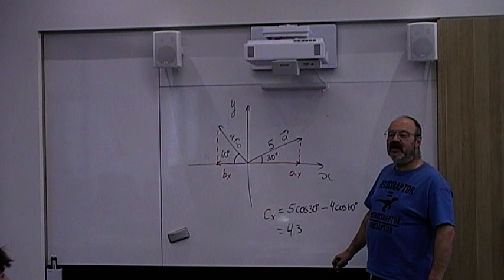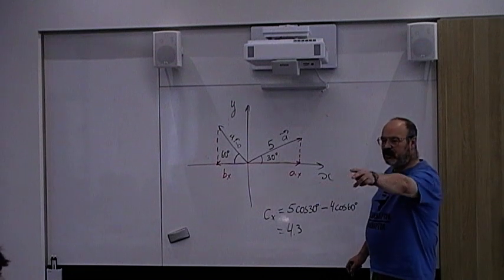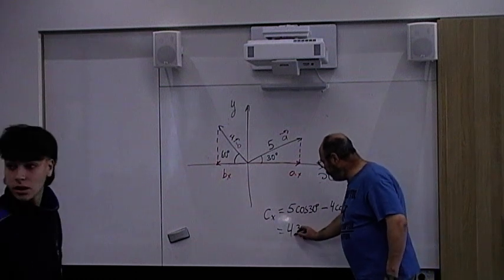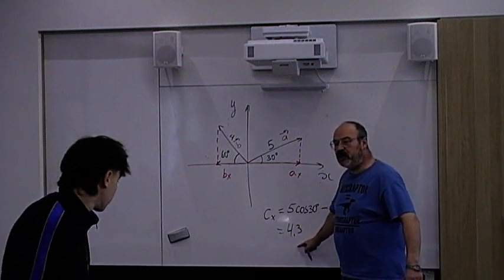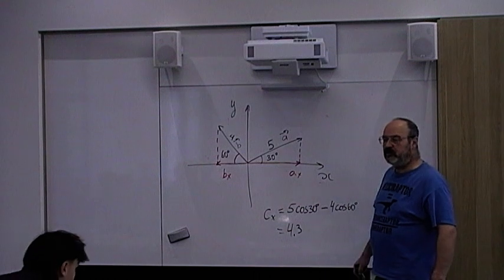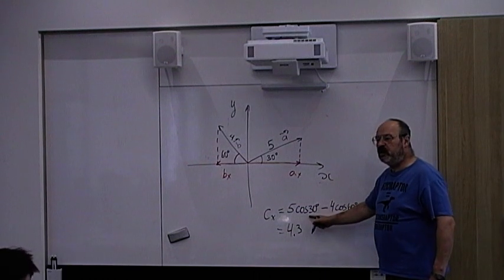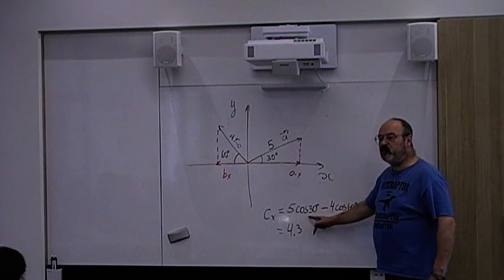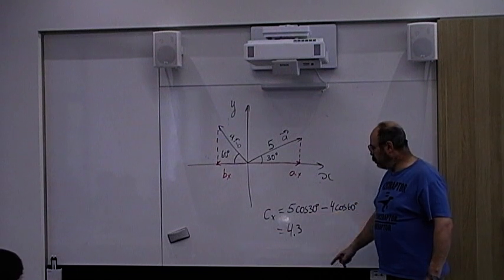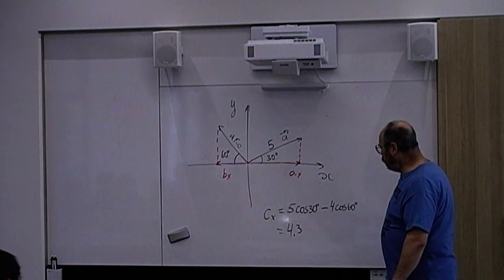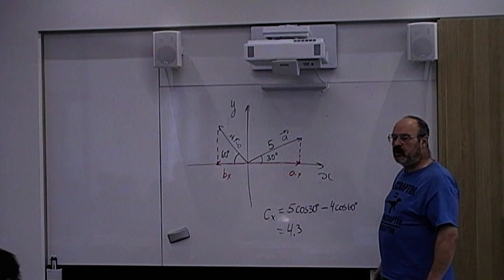So 4.3. Can you please check with the calculator that it's 4.3? 5 times cos 30? Yes. 2.3. No, it cannot be 2 point.